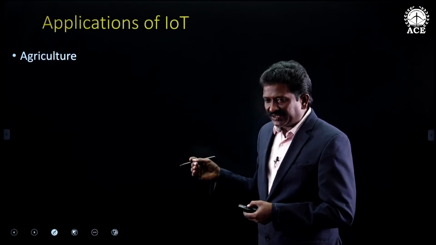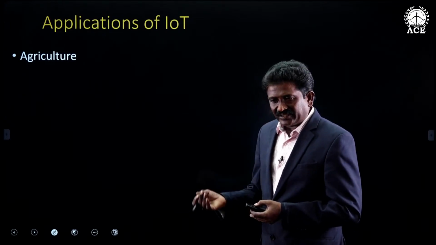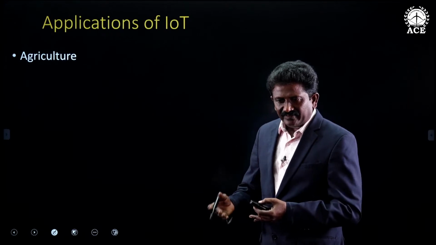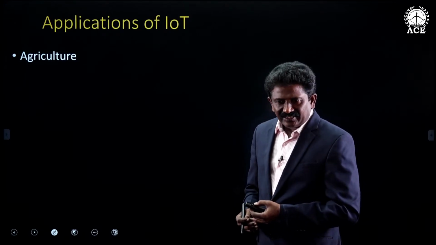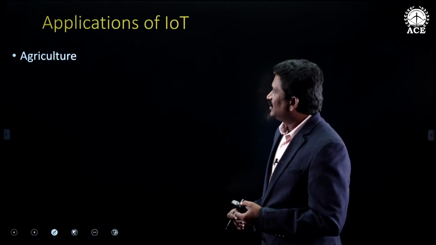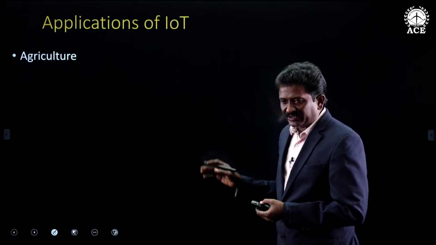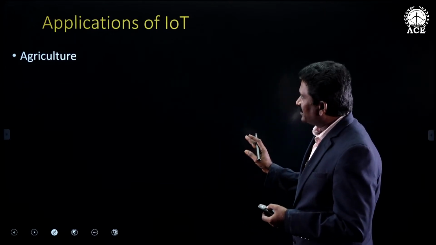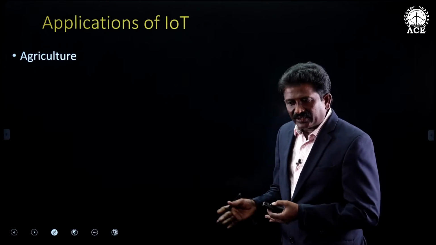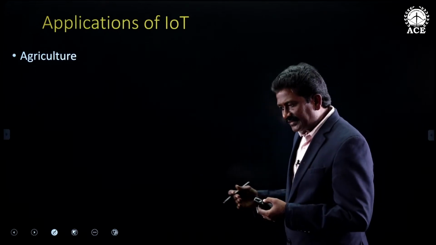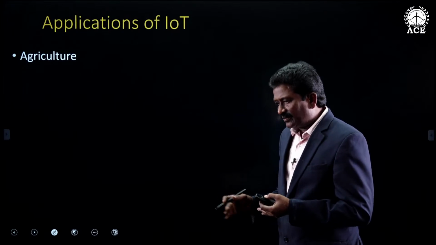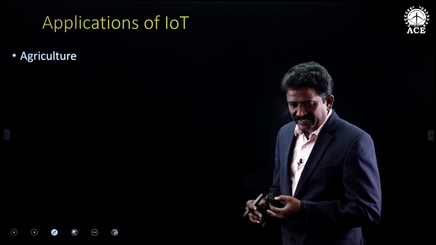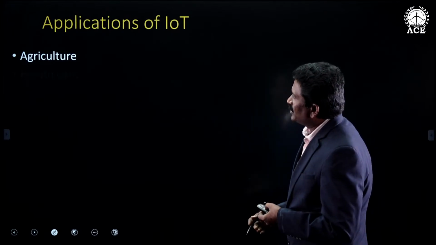Using IoT devices, we estimate wet and dry conditions of the fields. Nowadays we mainly use IoT devices to monitor soil condition, and in the same way to monitor pest control also.